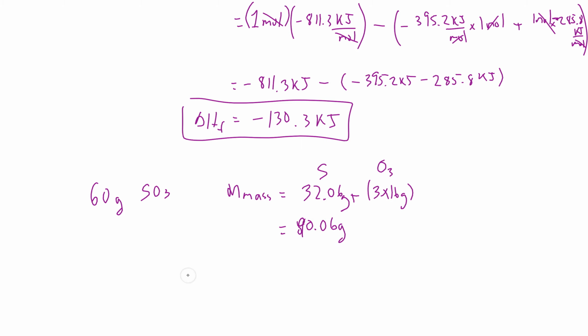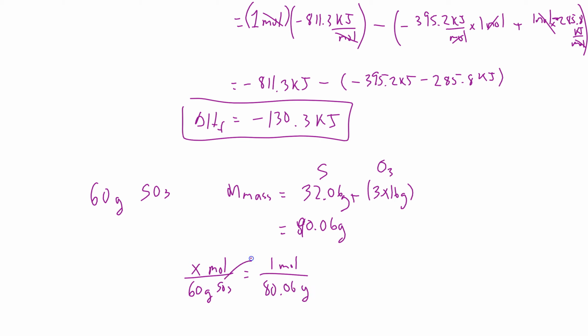How do we do that? A simple way is to create a ratio. We want to know X moles over 60 grams is equal to 1 mole over the molar mass, which is 80.06 grams.